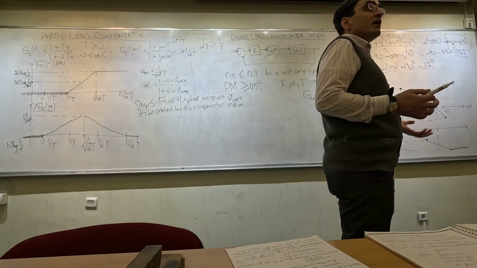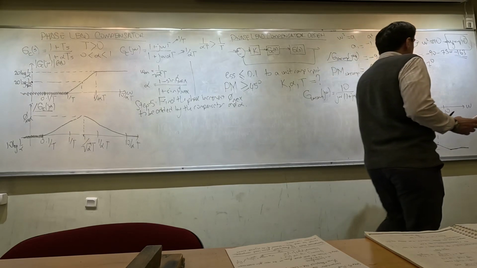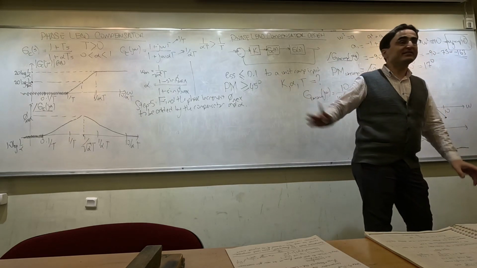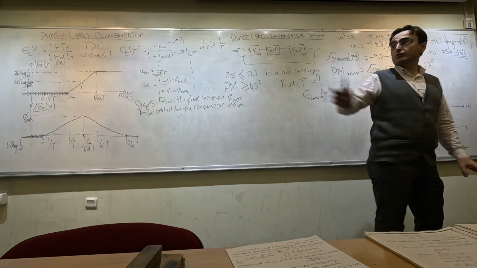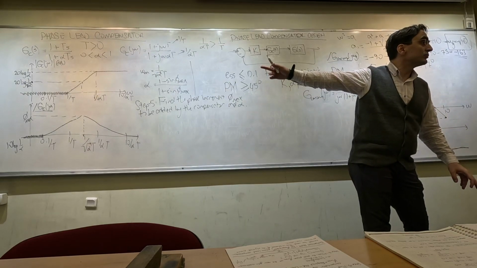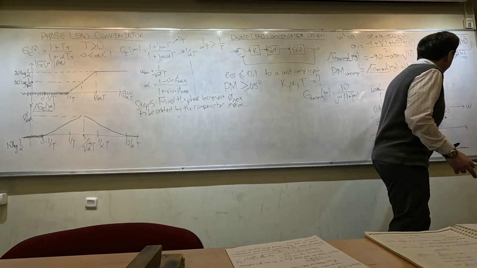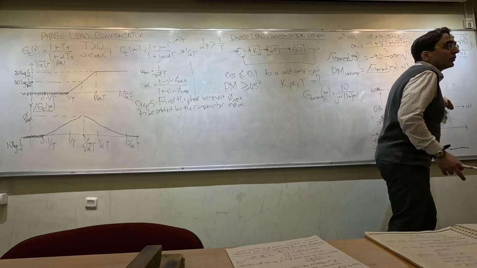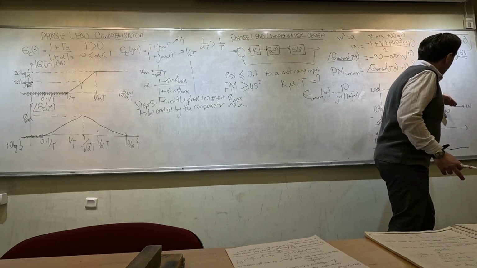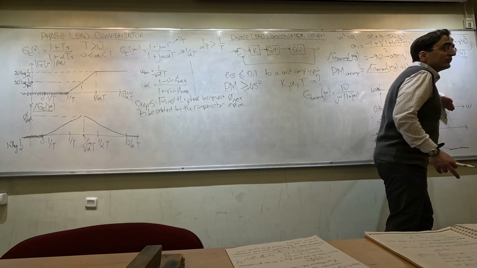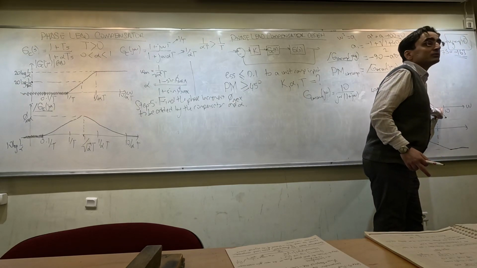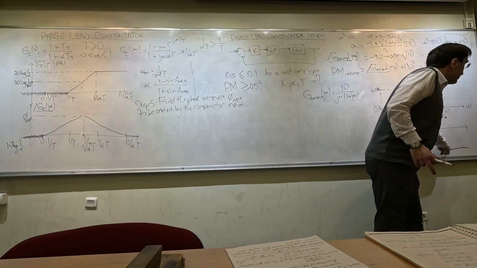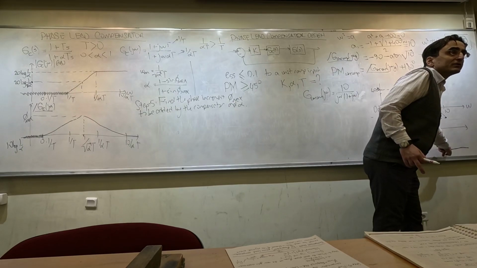But here I cannot do that, because when I try to add that phase somewhere around here, there is a positive magnitude there. And that magnitude shifts this magnitude curve to the right a little bit. When that magnitude is shifted above, the gain crossover frequency shifts to the right. But that reduces even more the phase of the system.